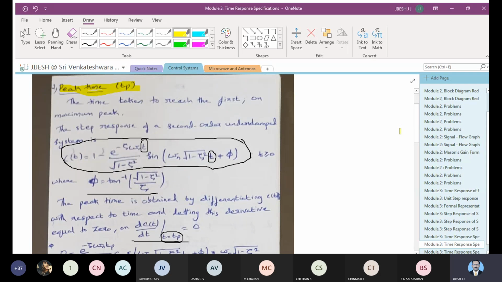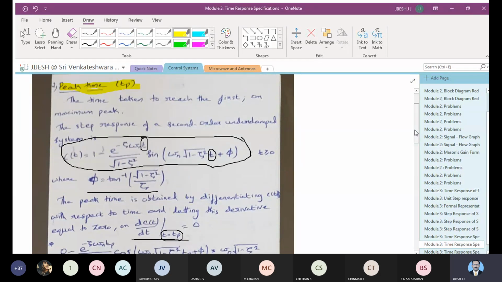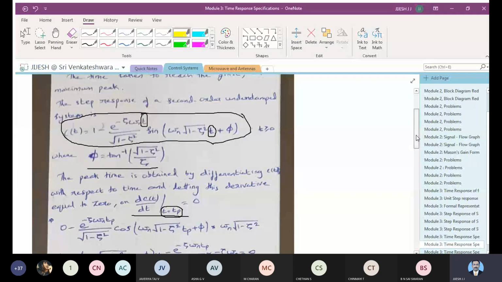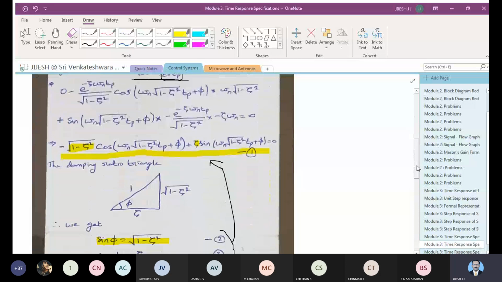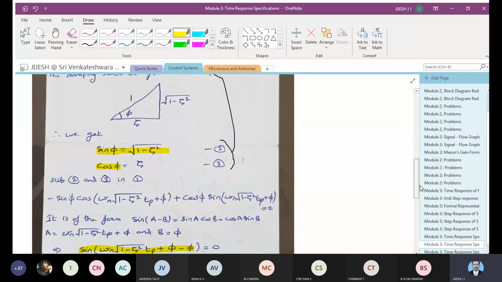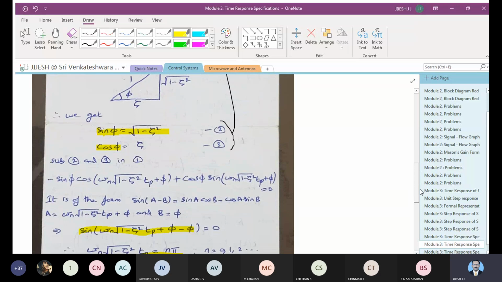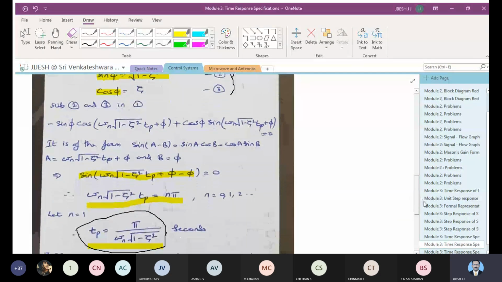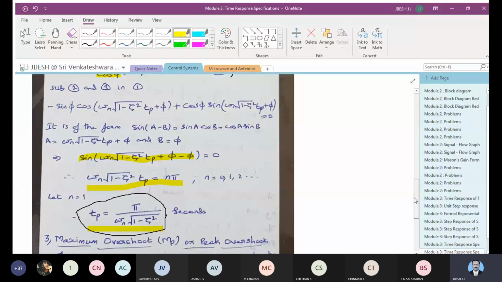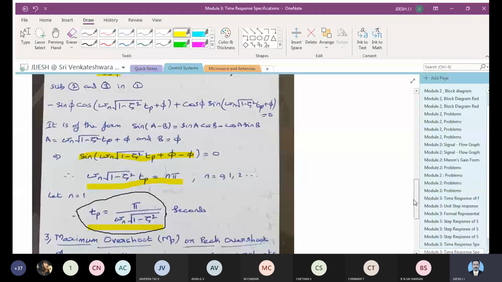There we took the equation for C of t, differentiated it and equated to 0, substituted the relations in equation 1, and used trigonometric relationships to get TP equal to pi divided by omega and root of 1 minus zeta square. You need to remember all these equations. I am just briefing you because we are going to solve the problems further.